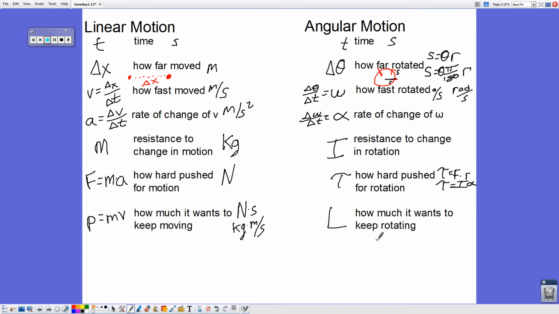Now, the big one we care about for today is L, angular momentum. It's equal to the moment of inertia times the angular velocity. Ooh, fancy. Now, additional thing I'm just going to add here on the bottom, please remember that we have this thing called impulse.